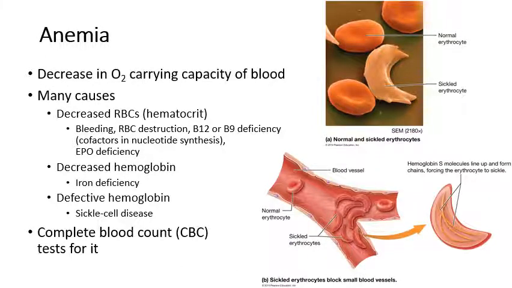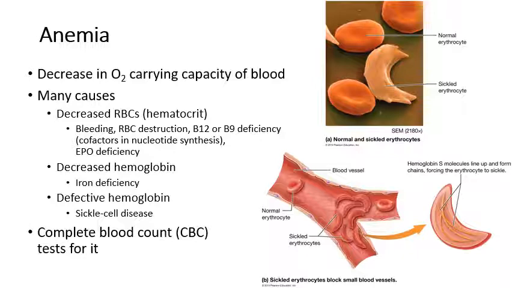So if you don't have the right amount of red blood cells, that is a problem. Or if something's wrong with the red blood cells so they can't carry oxygen right, then that's also a problem. That's called anemia. So anemia is defined as a decrease in the oxygen carrying capacity of the blood. Usually it means that you don't have enough red blood cells and therefore you can't carry enough oxygen in your blood, but it could also be because of other things.